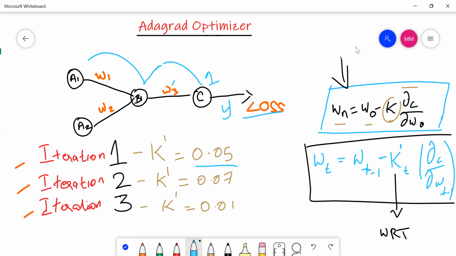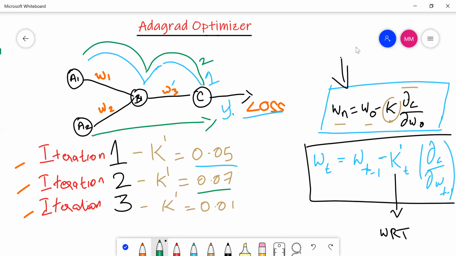Again we will do forward propagation and again calculate the loss. In the second iteration, once we came here, again we computed the loss. The loss is again high, so again we need to traverse back. This green color denotes iteration number 2. In this iteration number 2, we'll take 0.07 as our learning rate.